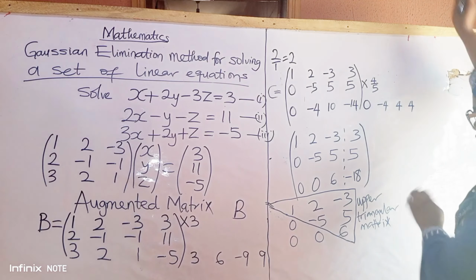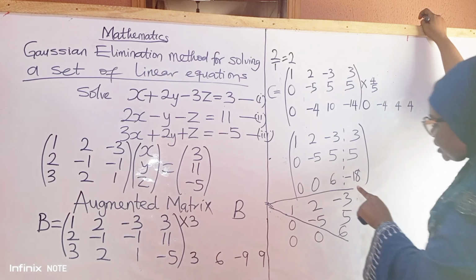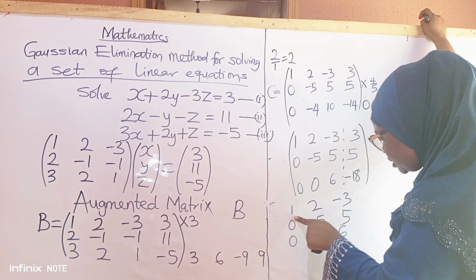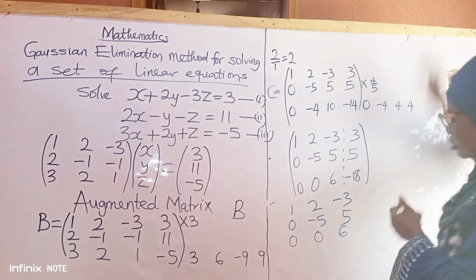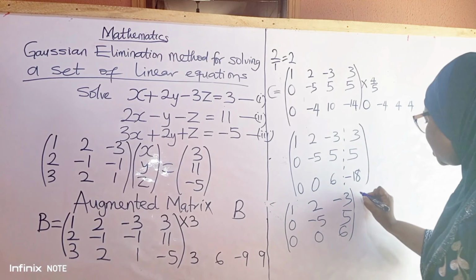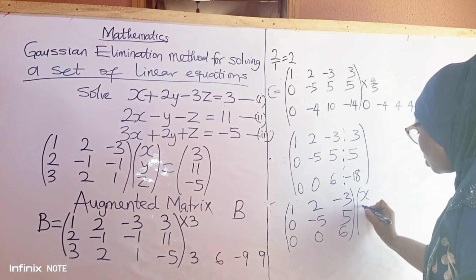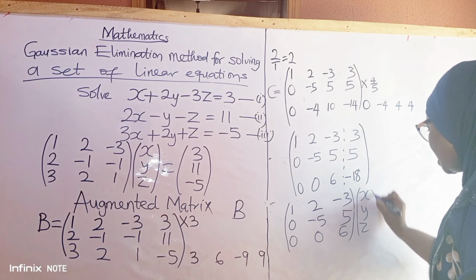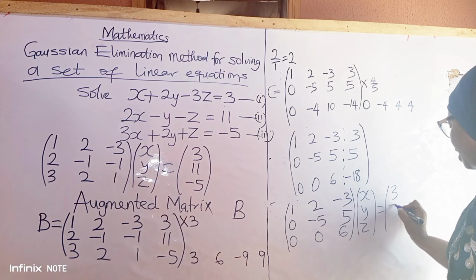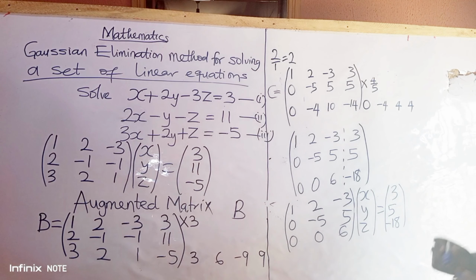Now, what we need to do is to separate this matrix from the constants. So this is the matrix. Let's multiply it by the unknowns x, y, z, and the solution will be 3, 5, minus 18. It has changed.